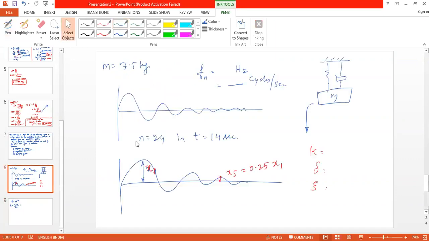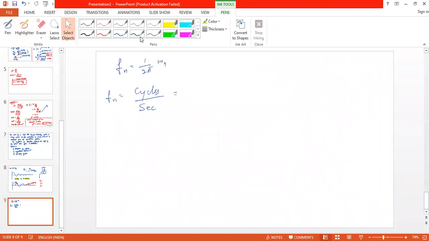So how many cycles per second? 24 cycles per 14 seconds, so it is 24 by 14, which is 1.71 hertz or cycles per second.